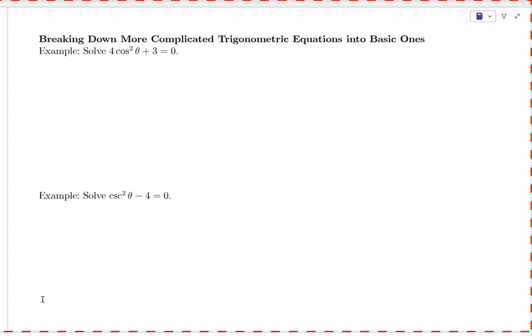Find your solutions in one period, usually 0 to 2 pi, unless you're doing something like tangent, then you can do 0 to pi. Nothing special necessarily about 0 to 2 pi or 0 to pi, just that's typically what we use to find those fundamental solutions. And then we find all the solutions by adding multiples of 2 pi, unless it was tangent, then we added multiples of pi.